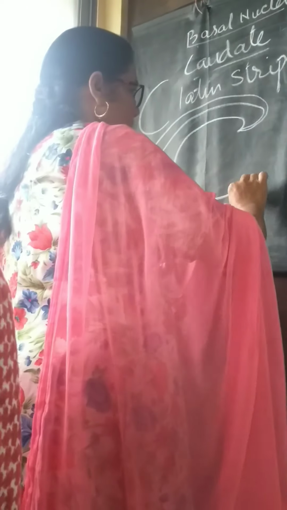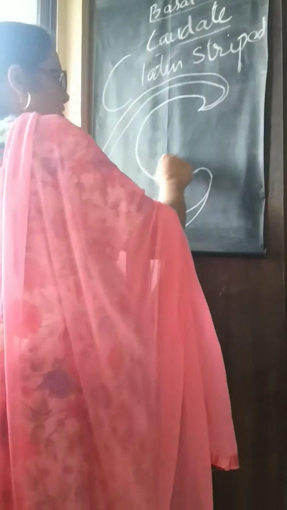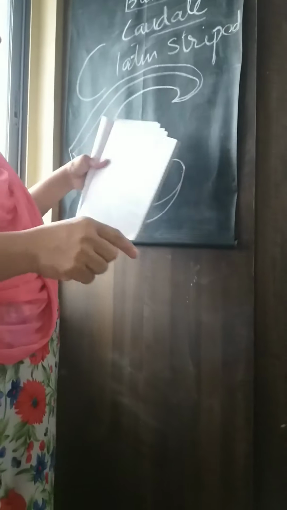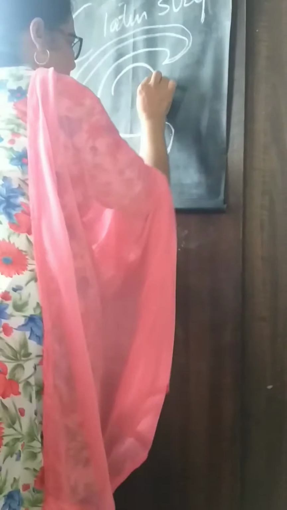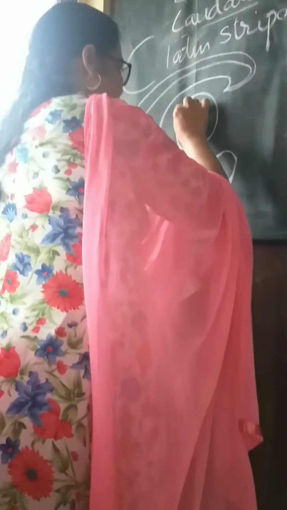And in the concavity of the C is present the thalamus. Got it? In the concavity of the C is present the thalamus.